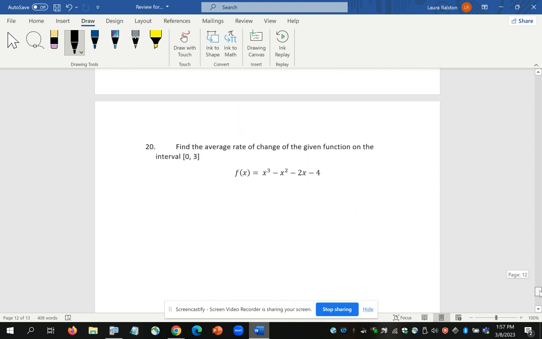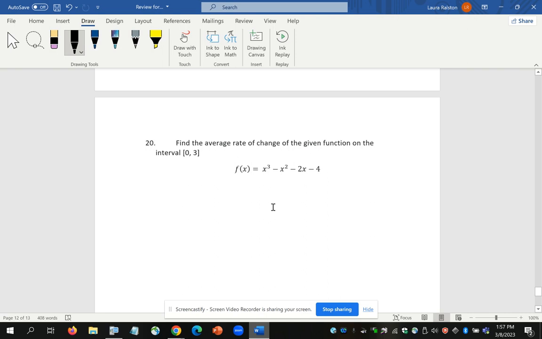Question 20 asks you to find the average rate of change between 0 and 3. But instead of giving you the graph, they give you the function. So this is kind of like a 3-step problem. First, we have to find f at 0.